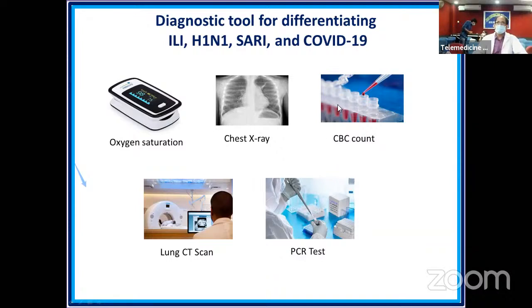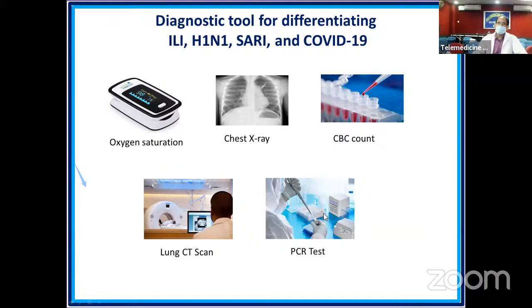Next comes the CBC count, a simple test available, I think, in all COVID hospitals or non-COVID areas. CBC must be there. It can predict the hemoglobin level, the TLC level, the lymphocyte level, and the platelet level. As you know, RT-PCR is freely available in all government setups.